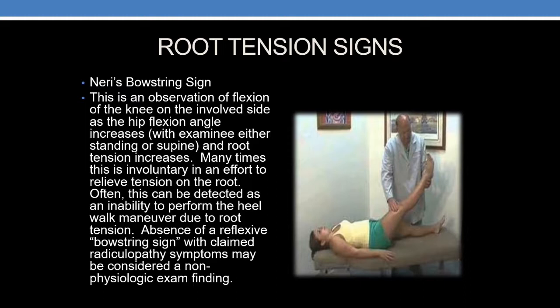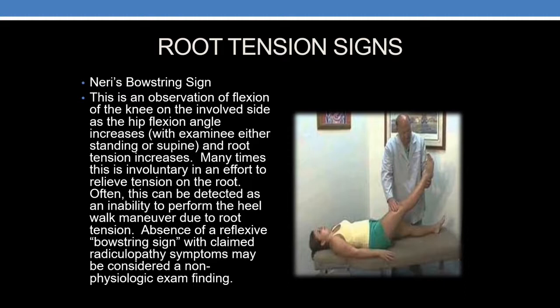The bowstring sign is an observation of flexion of the knee on the involved side as the hip flexion angle increases. And you'll observe this sign whether the examinee is either standing or supine, because as nerve root tension increases and pain increases, there's a reflexive flexion of the knee in order to relieve that pain and that tension.